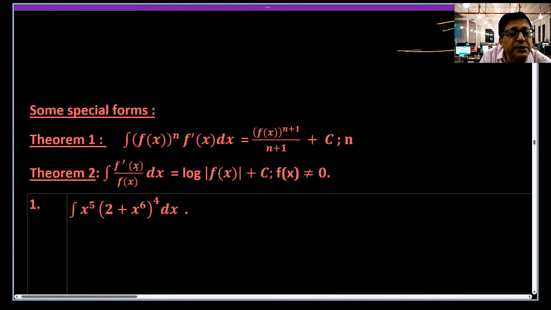If we find it of this form, f(x) to the power n, where f(x) is a function and its derivative is there, then the result I will write is f(x) to the power n plus 1 by n plus 1.